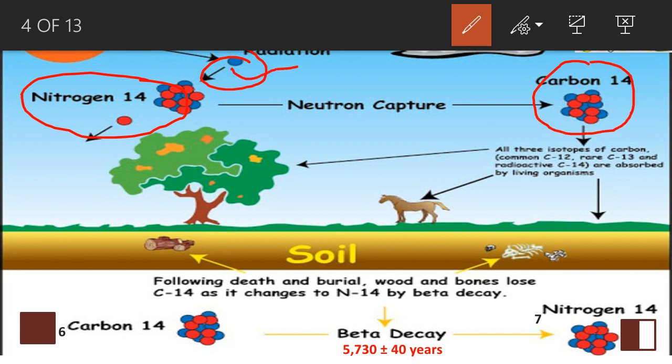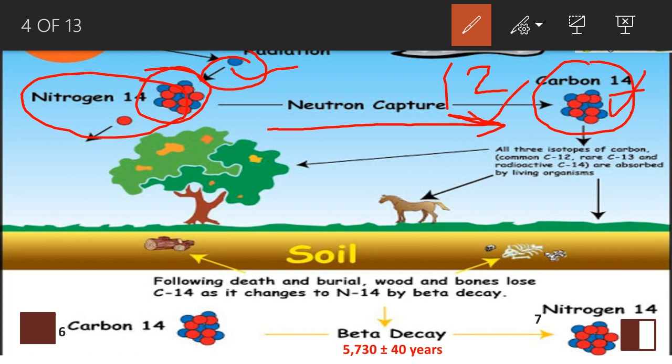When high energy neutrons collide with nitrogen, at that time nitrogen captures a neutron and forms a carbon 14 isotope. In the atmosphere there is always carbon 12 isotope. Along with that there is also synthesis of carbon 14. So at any given time in the atmosphere the relative proportion of carbon 12 and carbon 14 is constant.